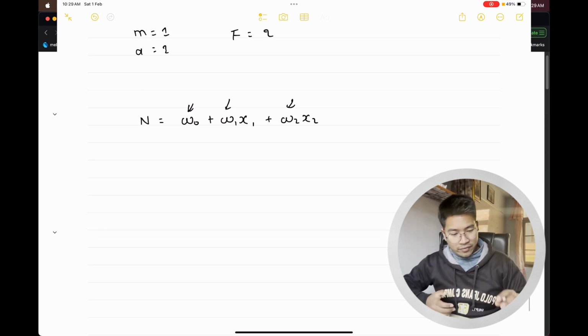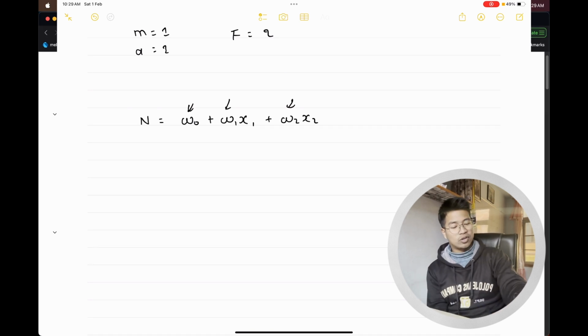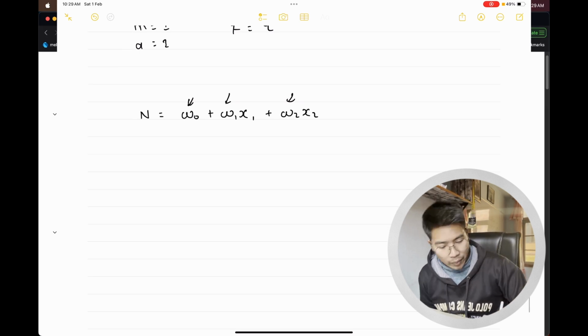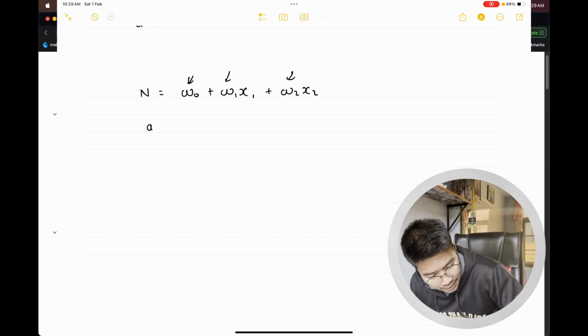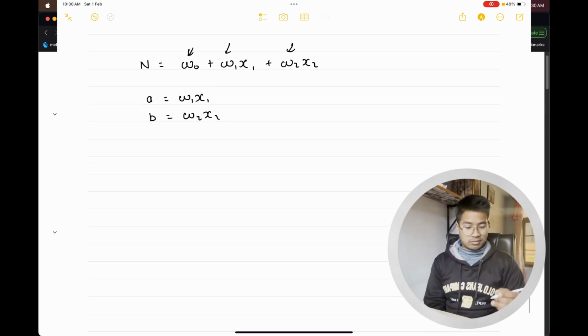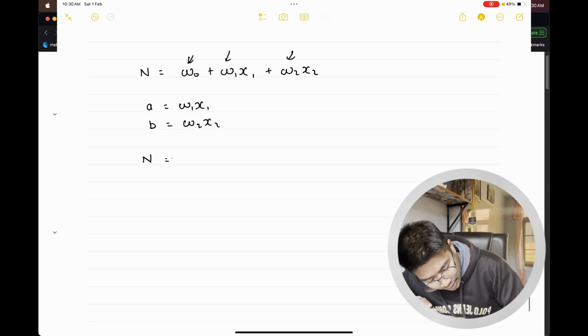Now first thing, let's simplify this long equation into smaller equations. So how do you do that? Very simple. Let's just say a is w1 x1 and b is w2 x2. That simplifies this equation quite a bit, and you will end up with something like w0 plus a plus b.